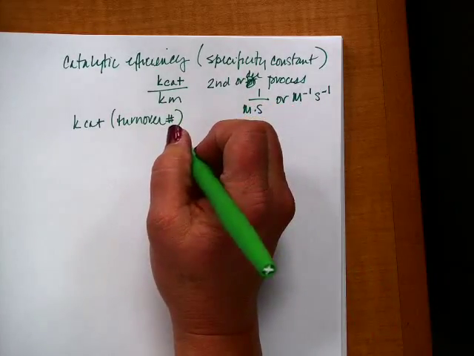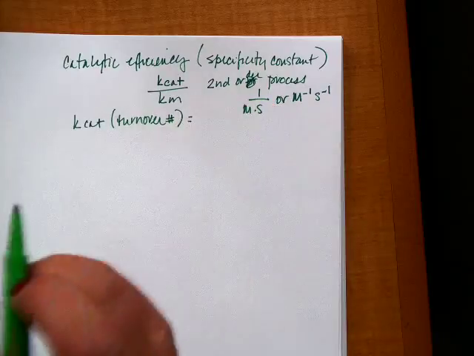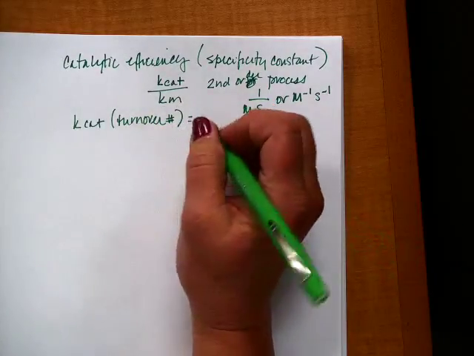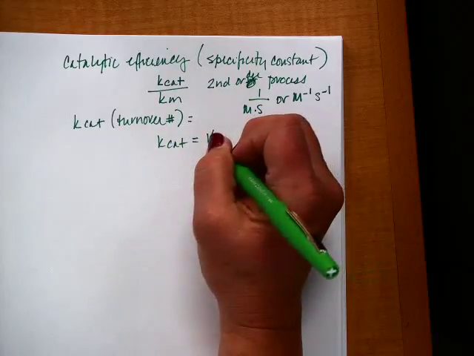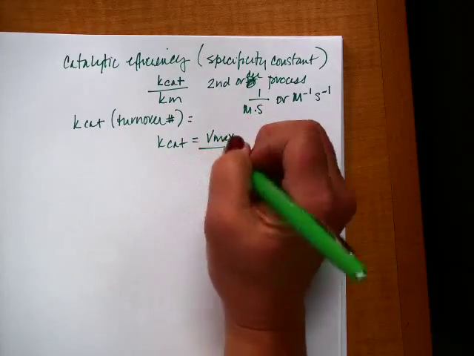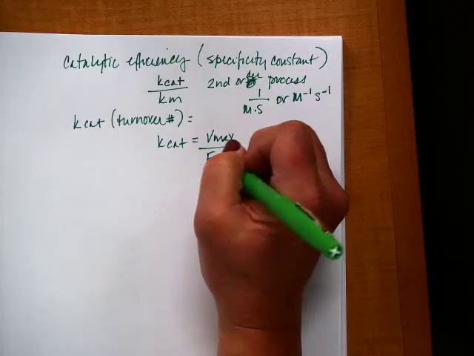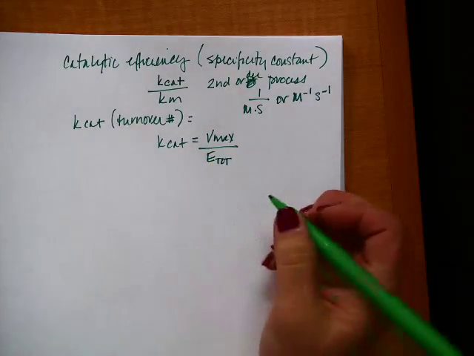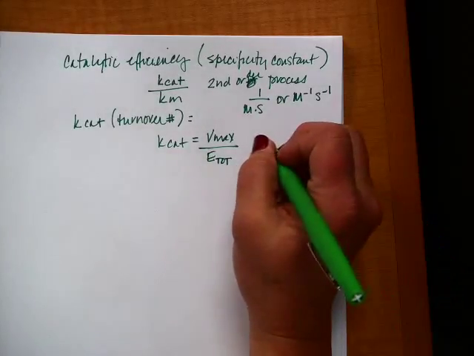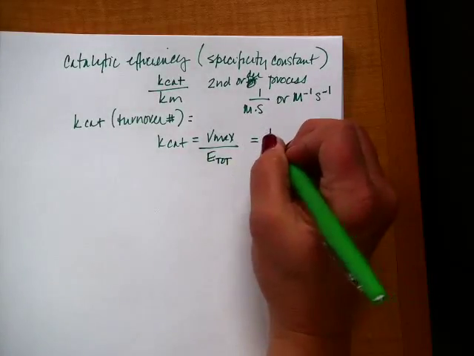And this is two things, actually. We can calculate it using Vmax over the total amount of enzyme, if we have that. Otherwise, it's simply equal to k2.